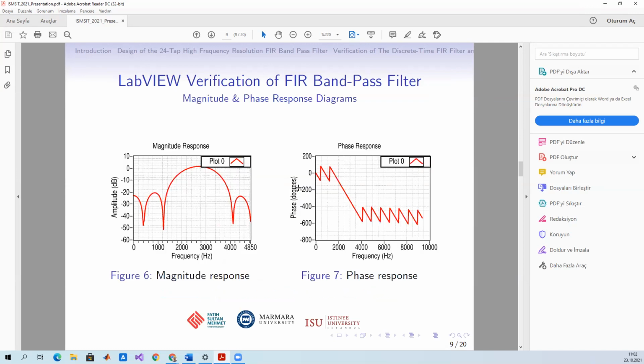And this is the magnitude response and phase response of the filter. We took this figure from LabVIEW. We see that the magnitude response only passes signals between this point and this point, and the phase response gives us which phase we have in the LabVIEW environment.